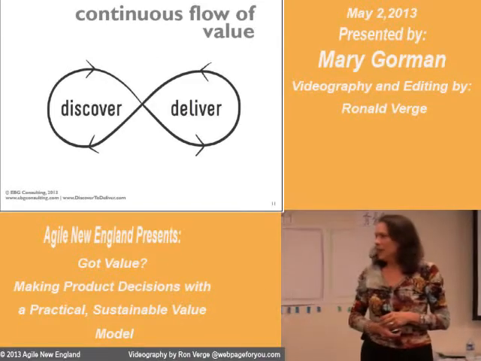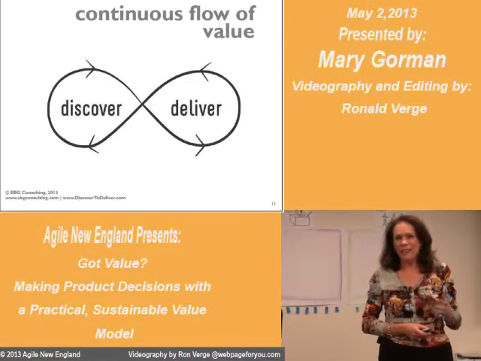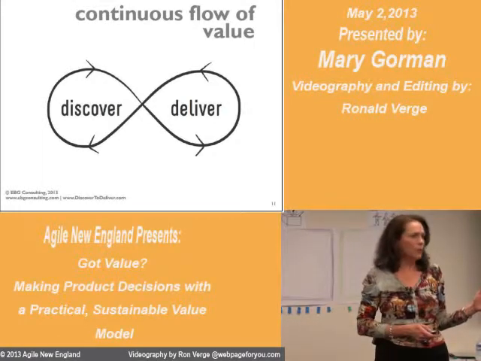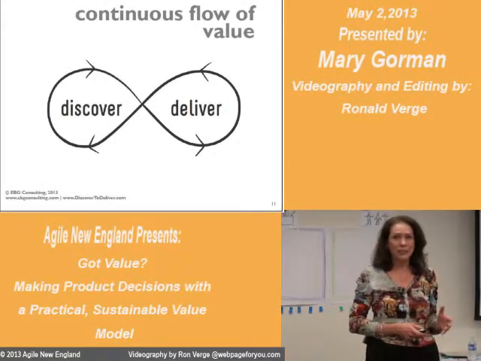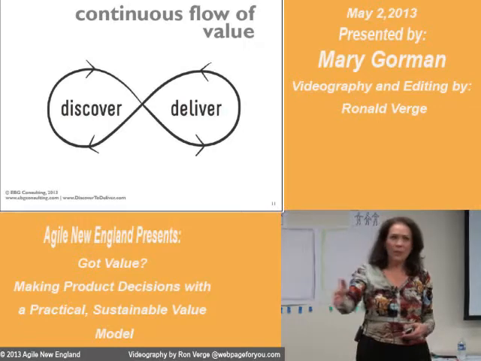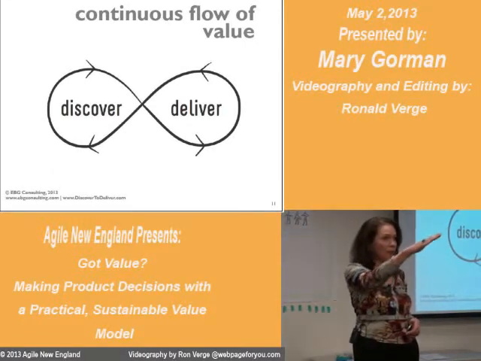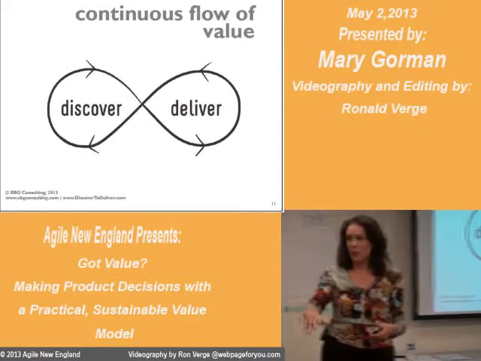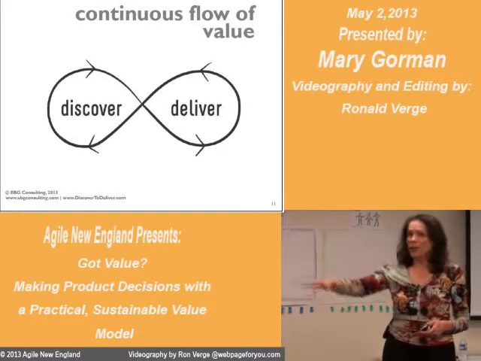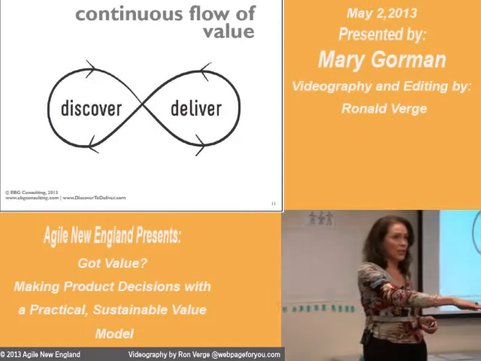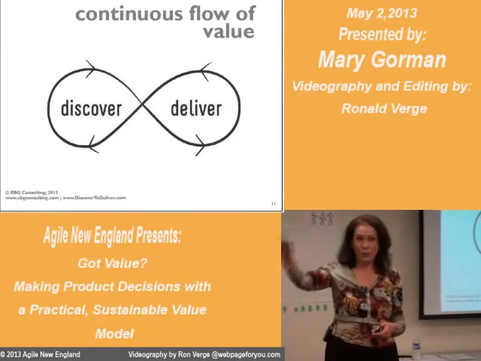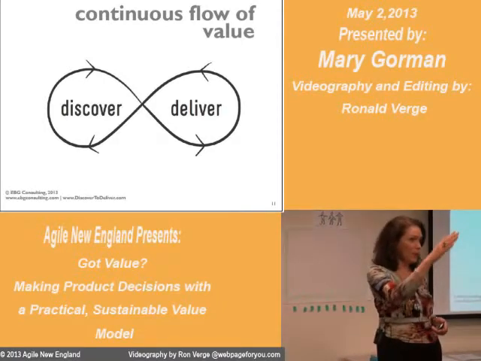We also recognize the ongoing activity of discovering what the product needs are in order to deliver them. We discover some needs, we deliver those, and often we come back around and the product is going to be enhanced. We progressively elaborate the product, so we go through this discover to deliver again, almost like an infinity loop.